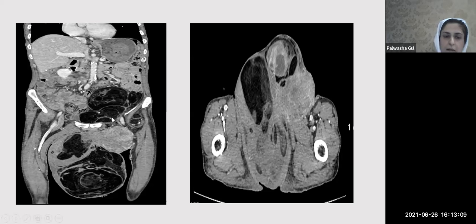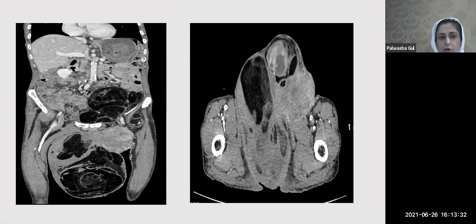And on imaging, it's important to differentiate between a retroperitoneal liposarcoma going to the inguinal region and an inguinal-scrotal liposarcoma, because the surgeon is going to take it out, and the surgical approach would be different.